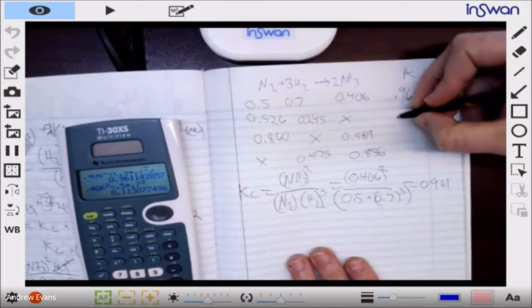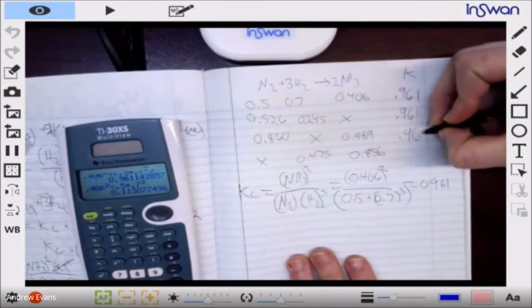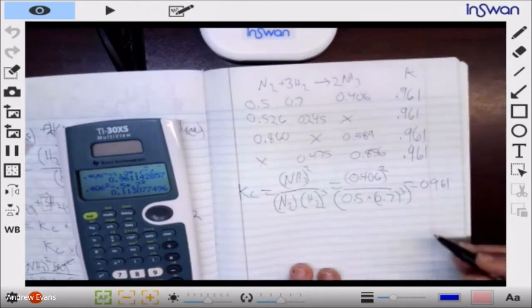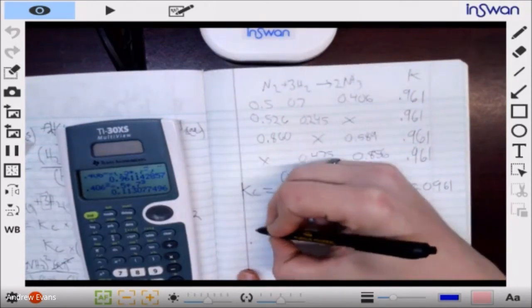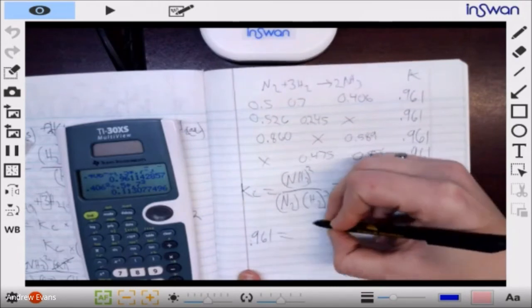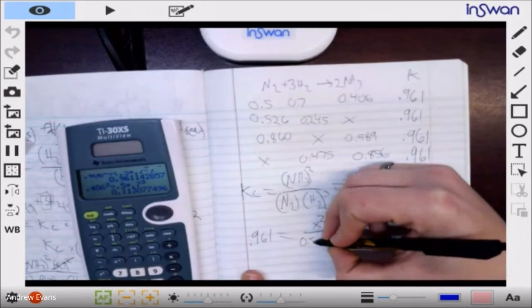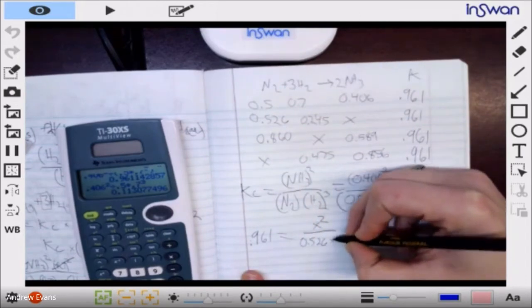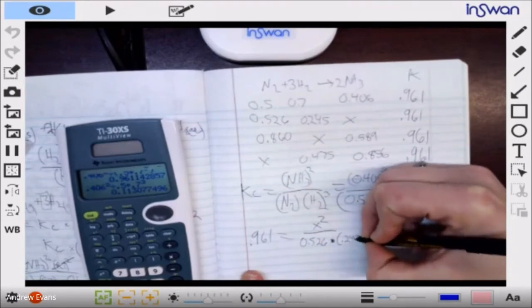The beauty of this is that this K is going to be the K of all our reactions. So with that in mind, 0.961 equals x squared over 0.526 times 0.245 cubed.